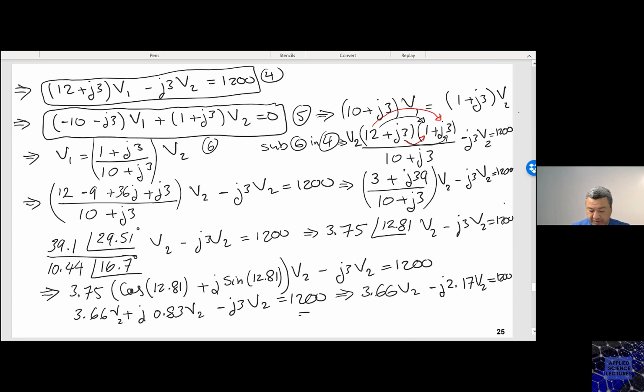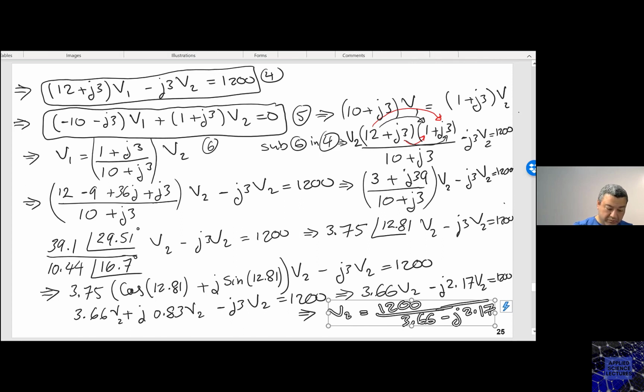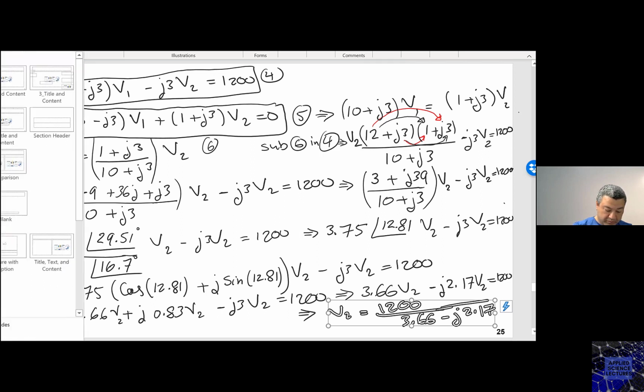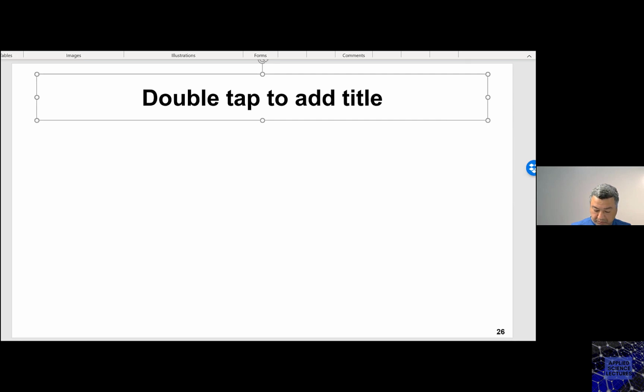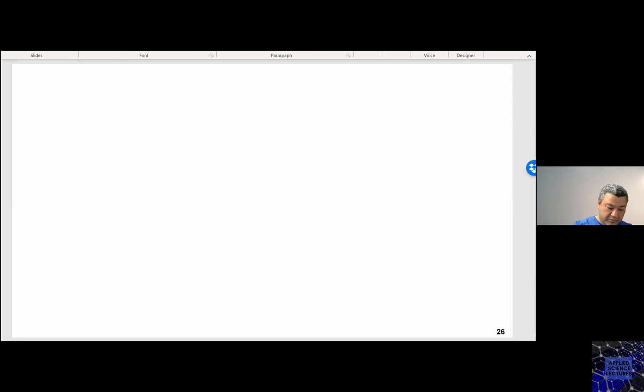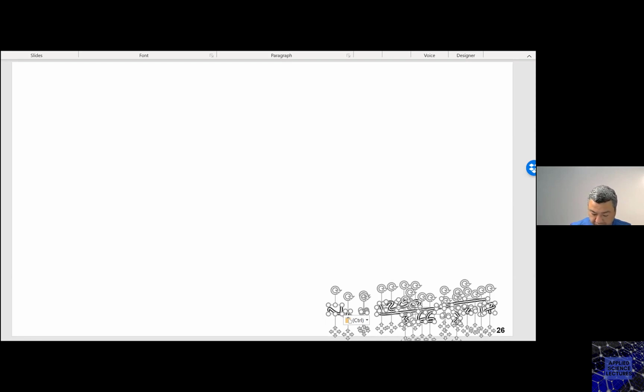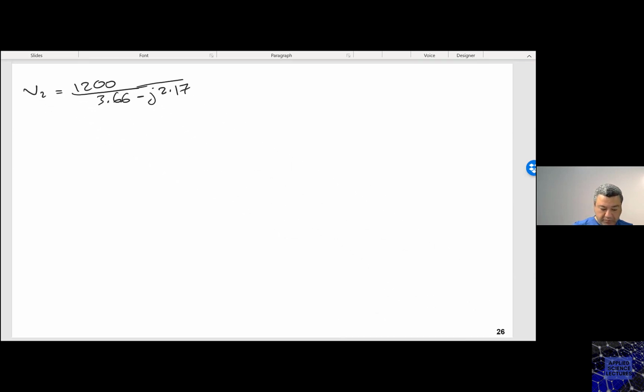So what you need to do here is basically V2 equals 1200 divided by 3.66 minus j 2.17, right?